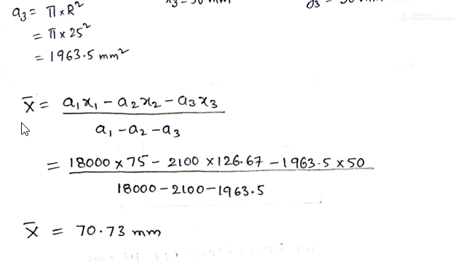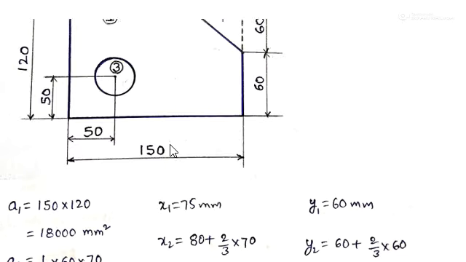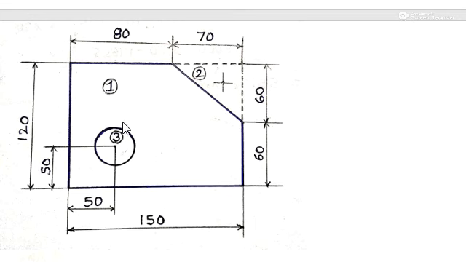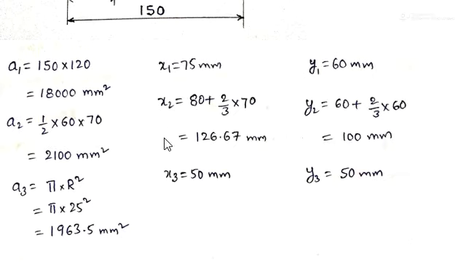First, the x bar formula is a1 x1 minus a2 x2 minus a3 x3 by a1 minus a2 minus a3. Why do we take minus? Area 1 is the total plate rectangle area, but we require only the remaining portion. After cutting the second and third areas, we have to remove A2 x2 and also A3 x3.